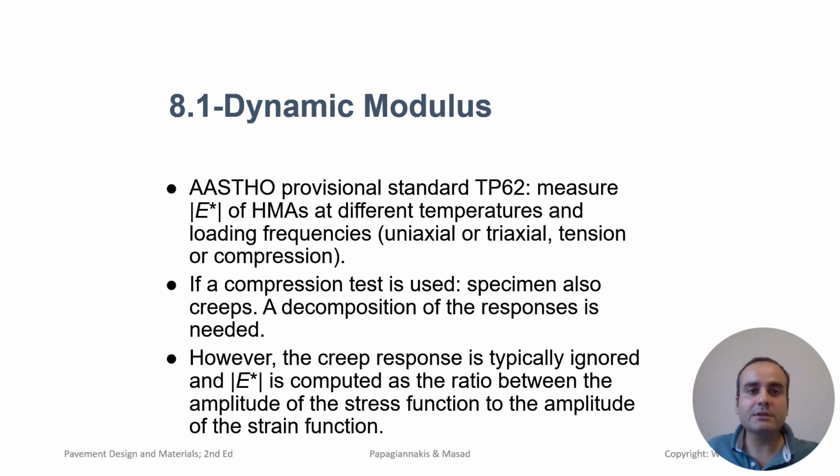The dynamic modulus is influenced by factors such as temperature and loading frequency, with stiffer mixtures typically performing better under heavy traffic. According to the AASHTO specification, the dynamic modulus is measured at different temperatures and loading frequencies.